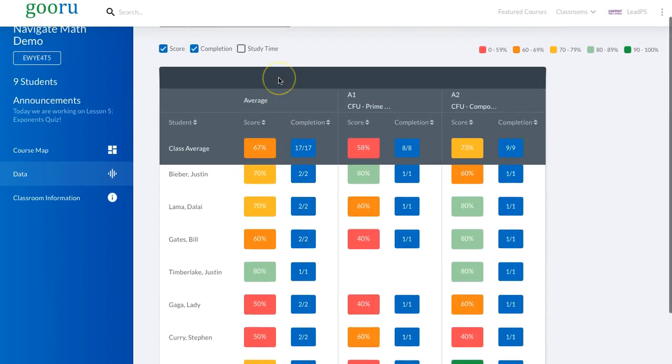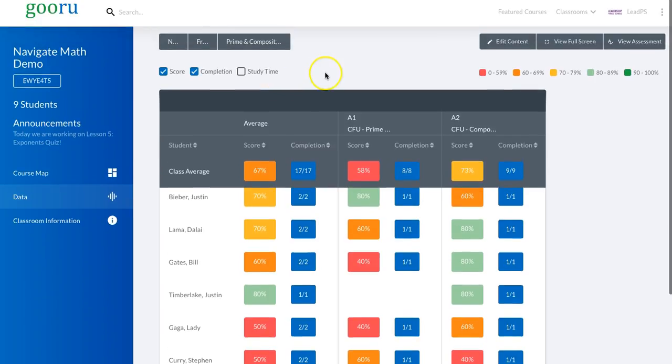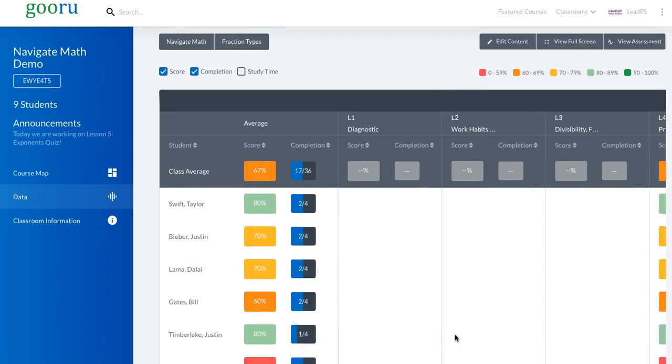Another way to look at the data and determine who you want to build mini lessons for is either based on study time, with students working too fast through things, or moving out a level and looking across multiple lessons, trying to identify people who are in very different places.